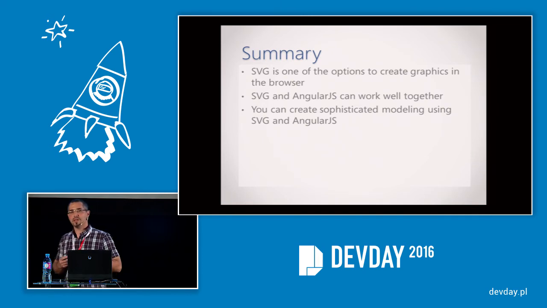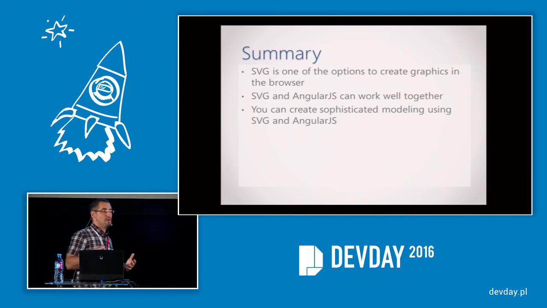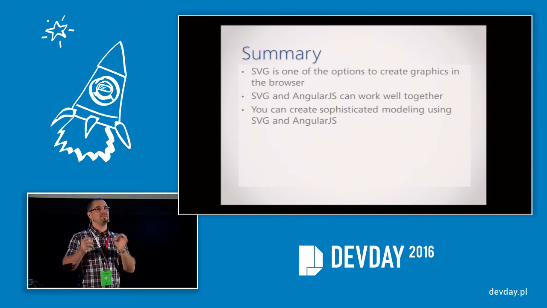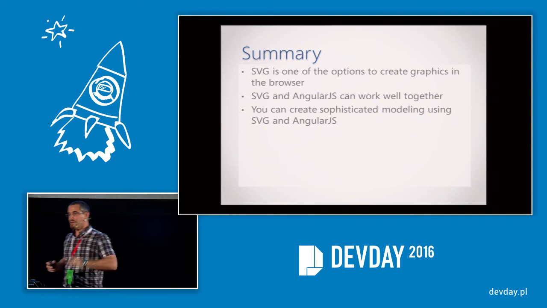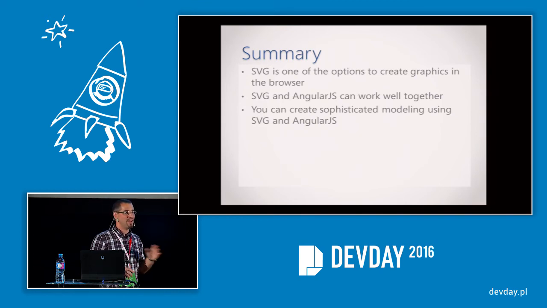And SVG can cooperate and combine with Angular 1 or 2, except for the caveats that you need to tweak a little bit in order to make it work. You can create very sophisticated modeling using SVG and anything else. It can be Angular, React, Aurelia, Ember, whatever you like.